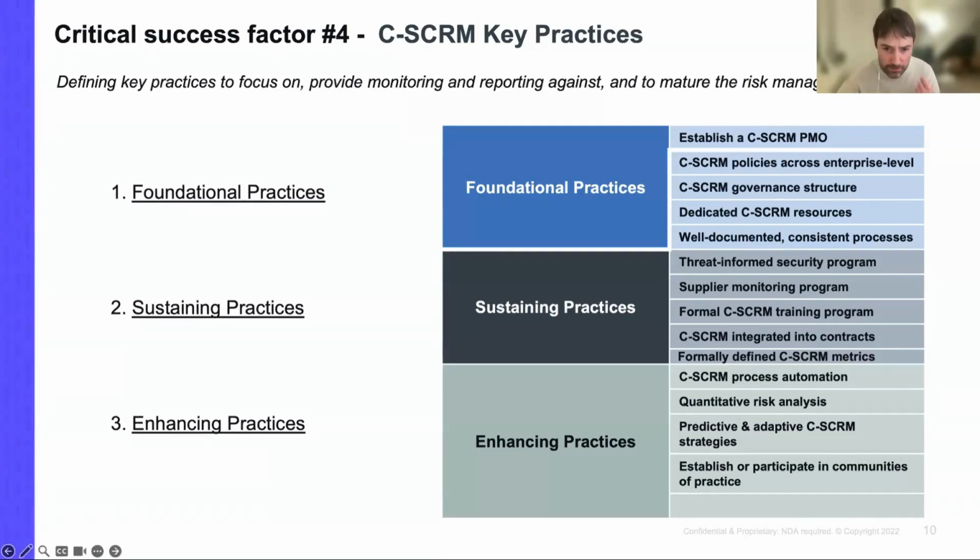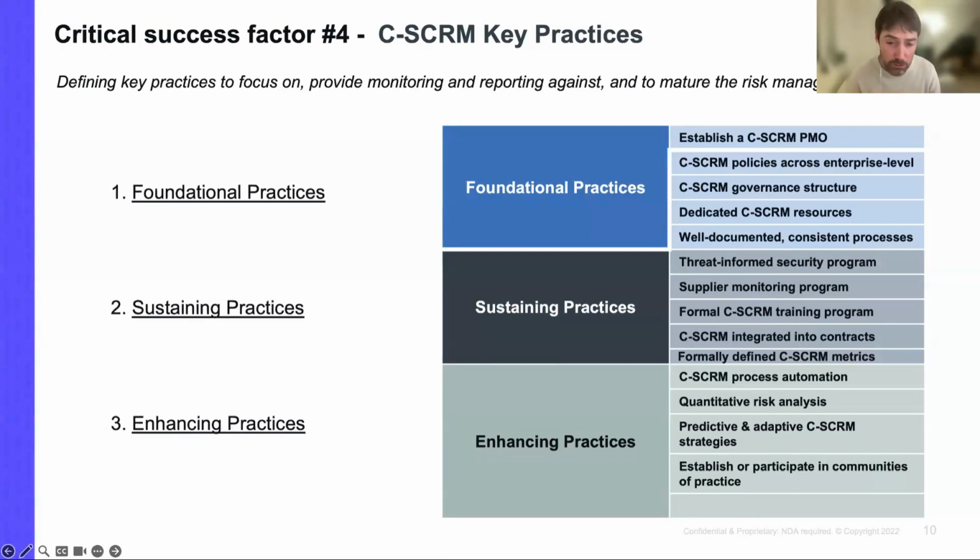So do we have that threat-informed security program, thinking about that awareness and knowledge teams and knowledge groups? So building on that foundational practice, can we get to a stage now where we're monitoring key suppliers and we can build in further risk management practice into contracts, agreements, critical components, maybe that focus around contingency, incident, recovery management, for example.